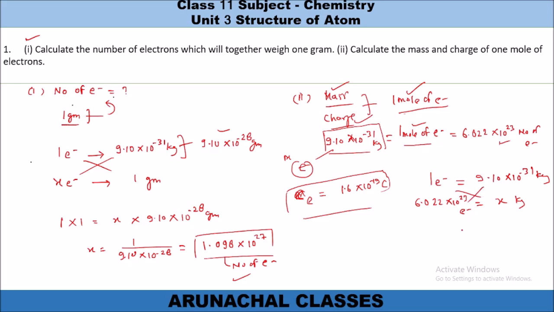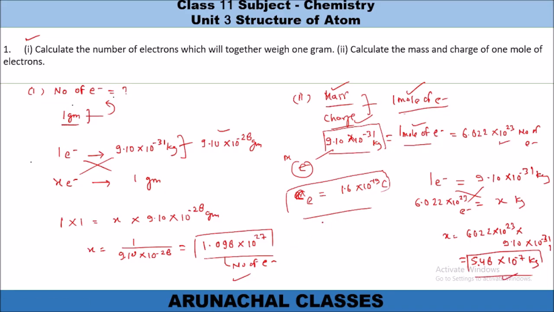Now we have to cross multiply. It will be x, that is 6.022 into 10 power 23 multiply with 9.10 multiply with 10 power minus 31 kg. Now if I solve this one, I will be getting 5.48 multiply with 10 power minus 7 kg. So this will be the mass for 1 mole of electron.